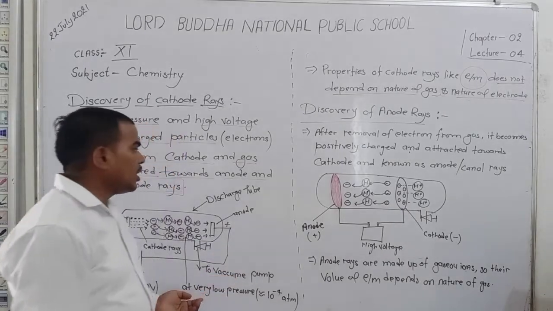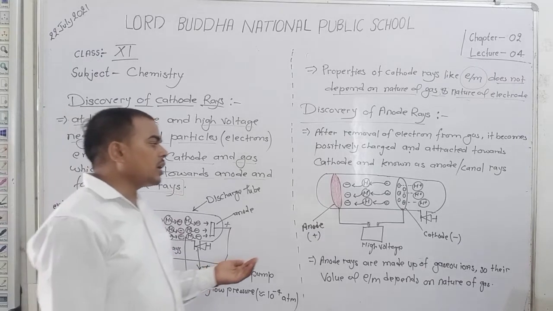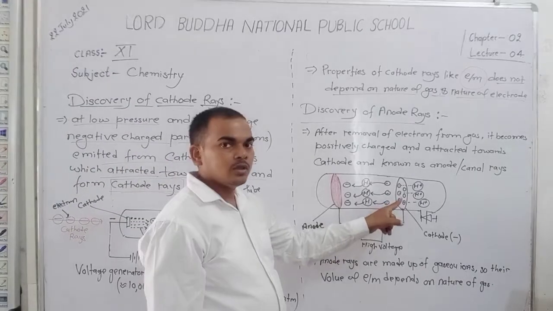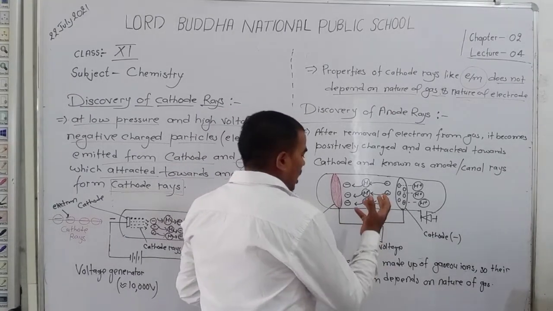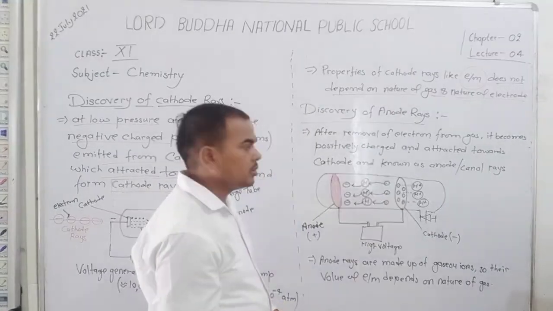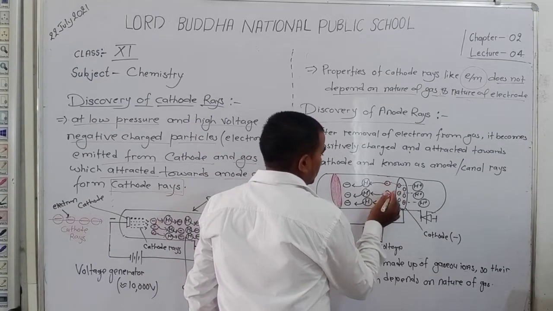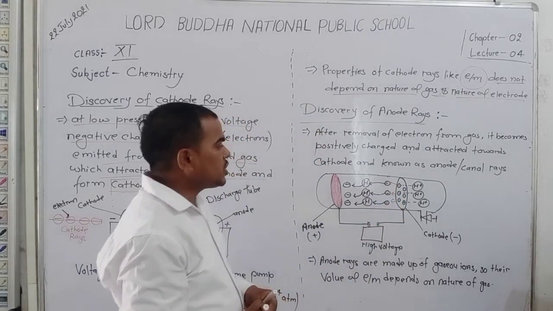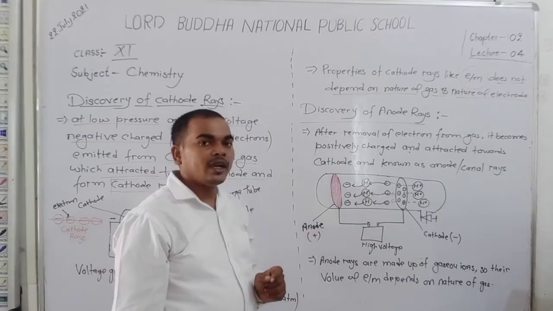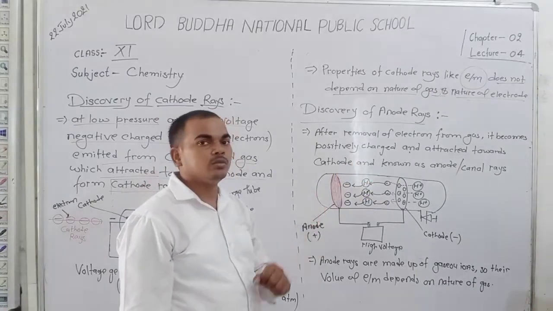observe negative charge particles, that is electrons, generated from the cathode plate. Similarly, here also, when we apply high voltage at low pressure, negative charge particles generated from the plate hit the hydrogen gas present in the tube.